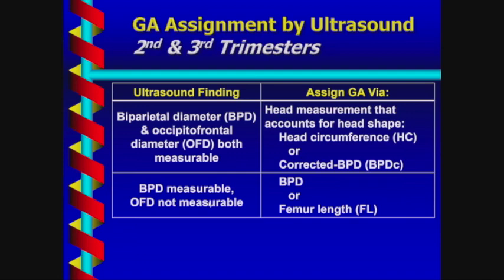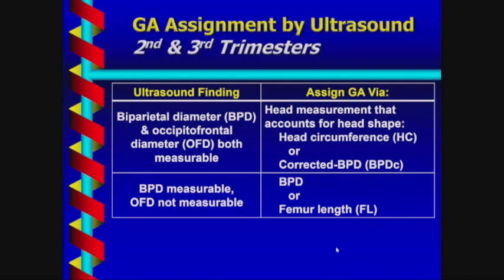The most accurate estimator of gestational age is to use head measurements, and to use a head measurement that accounts for the head shape, either the head circumference or something called the corrected biparietal diameter.